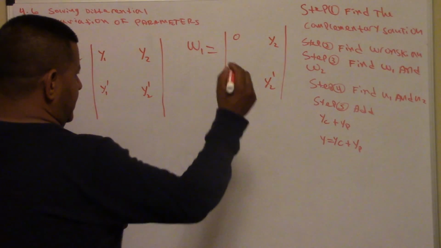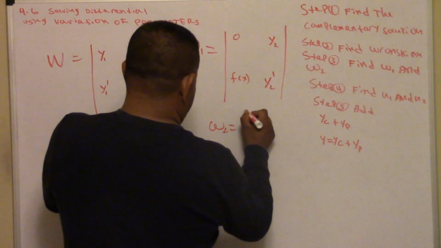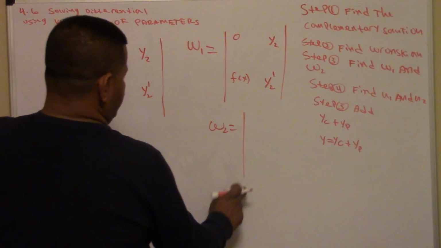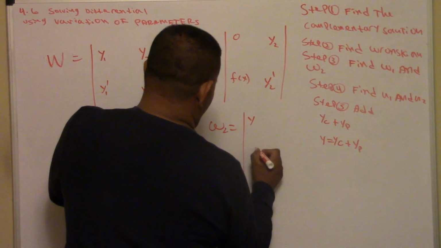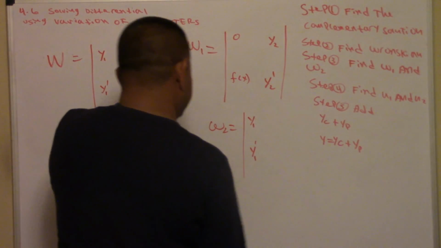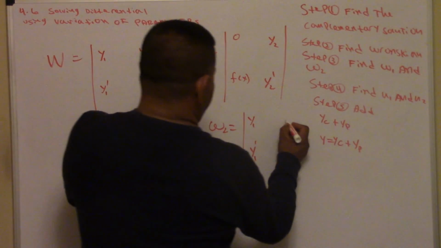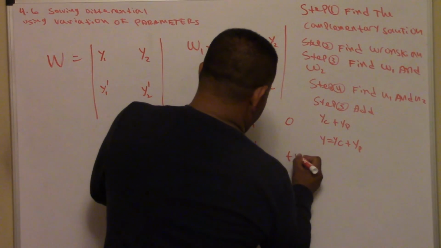Now, to find W2, it is going to be y1 over y1 prime, and then over here I get 0, and then f of x.